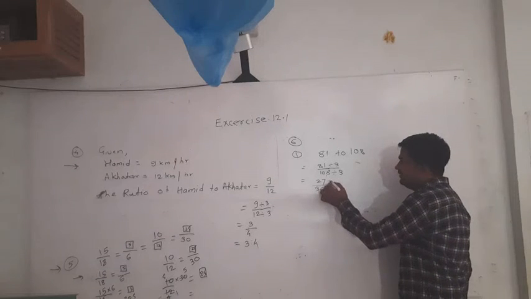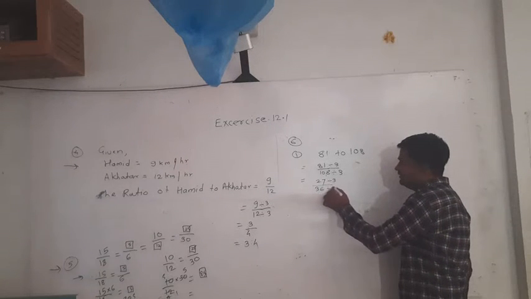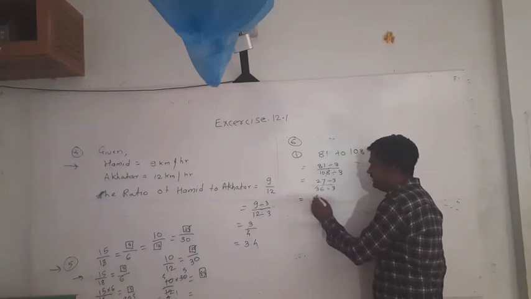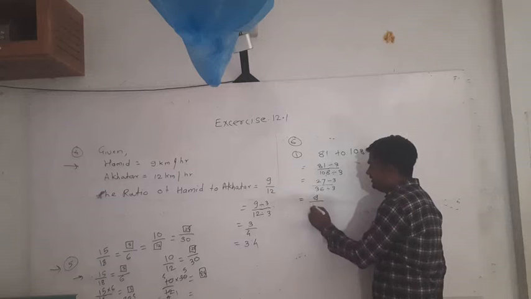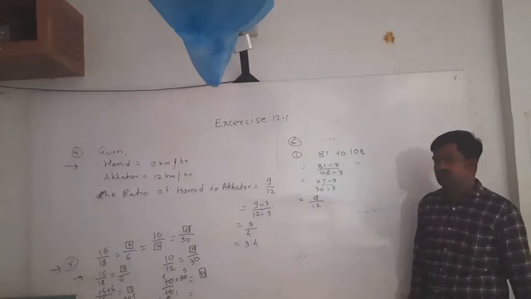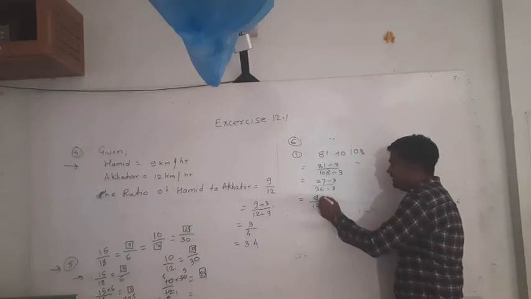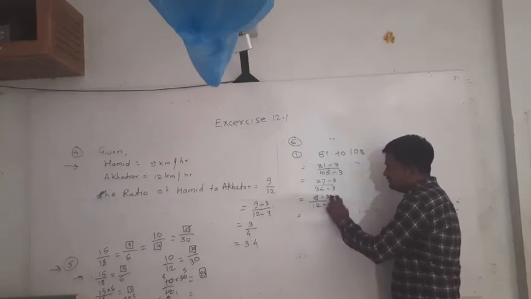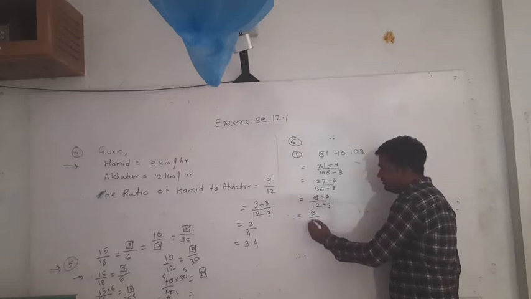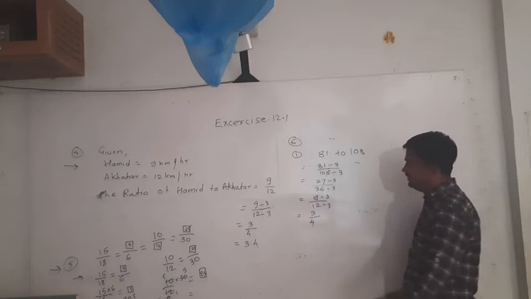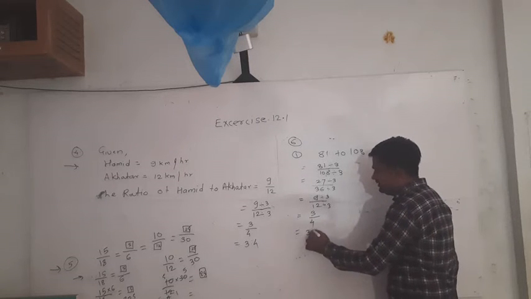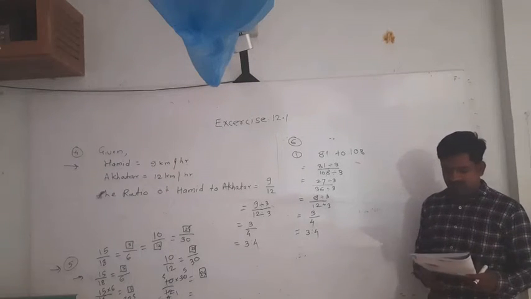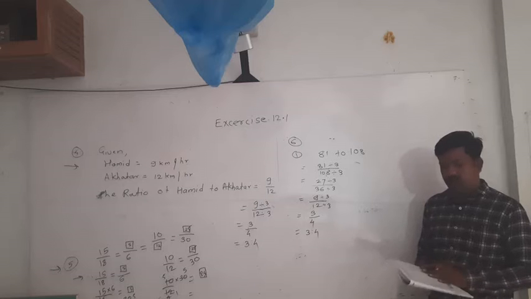Now again divide with 3. 3 nines are 27, 3 ones are 3, 3 twos are 6. Now again both numbers are in the third number table. 3 threes are 9, 3 fours are 12. So what is the answer? 3:4. So the other remaining examples you can solve.